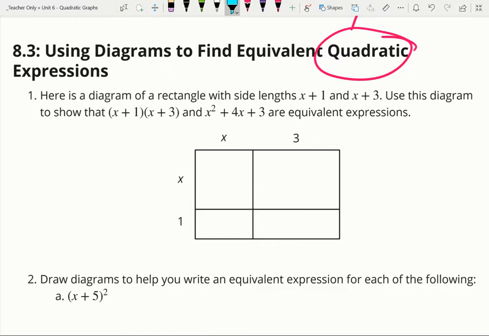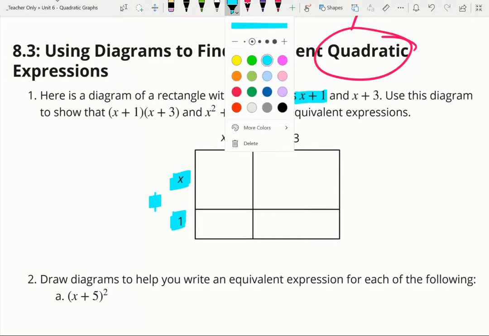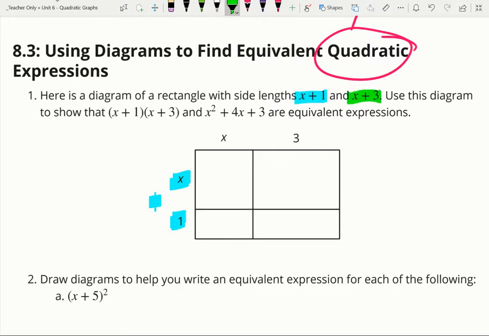It says this is a diagram of a rectangle with side lengths x plus 1, so x plus 1 there, and x plus 3. So x and 3, x plus 3. I like to have those plus signs written in between because it just helps me keep track of it and relate it back to the equation a little bit better.